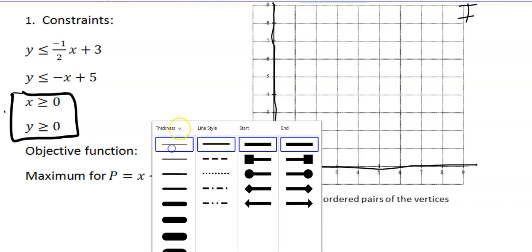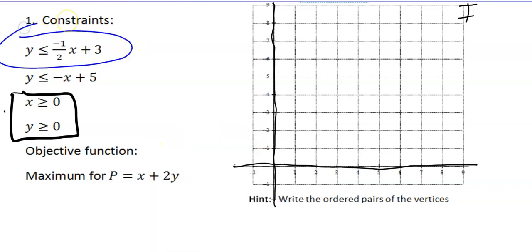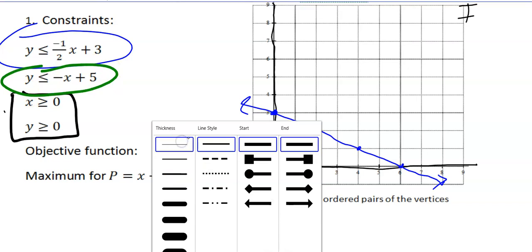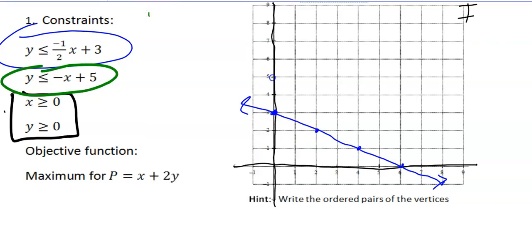Let's graph this other one here. The y-intercept is 3. Slope is -1/2, so down 1, over 2, down 1, over 2. Draw a solid line there. I'm going to shade down because it's less than. It's kind of a triangle right now, but I want to include this last shape in there, so we're going to do this one next. That one's going to be y-intercept of 5, slope of -1.